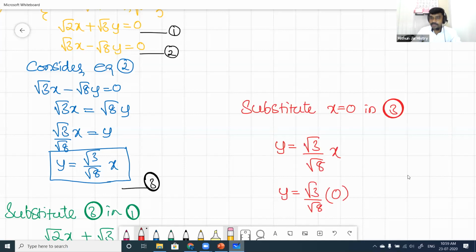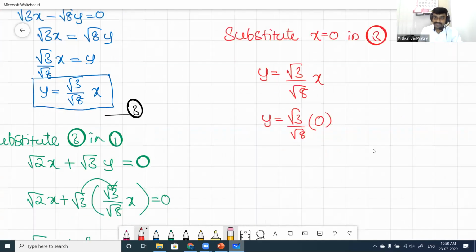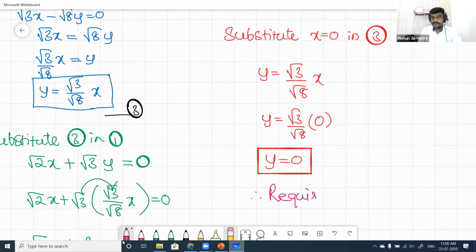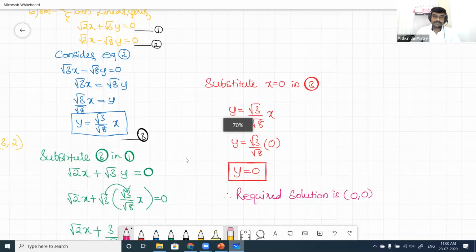The product of any number with 0 will give us 0 again. So at last we are getting the solution. Therefore, the required solution is x equals 0, y equals 0. There is no problem in the order because both are the same, 0, 0. That's the solution, right?